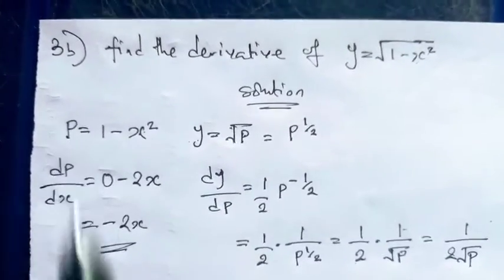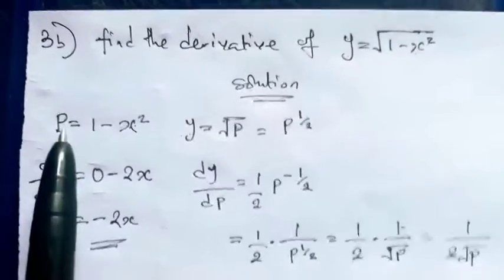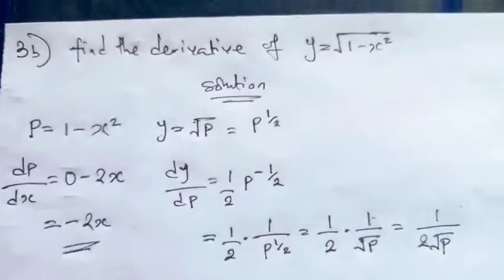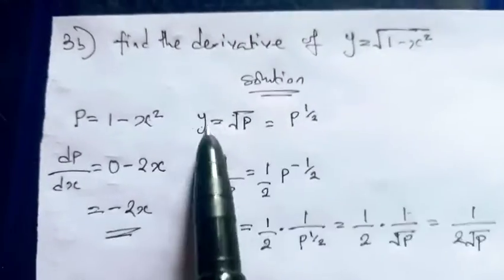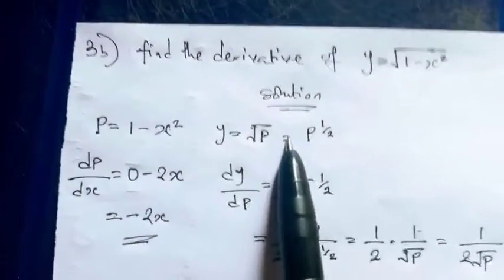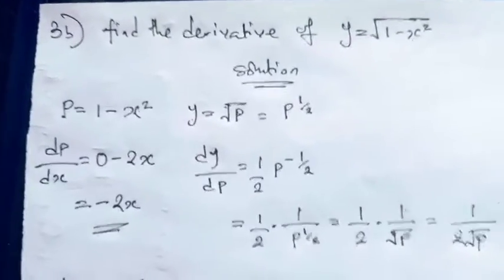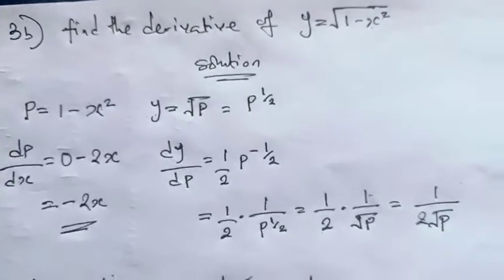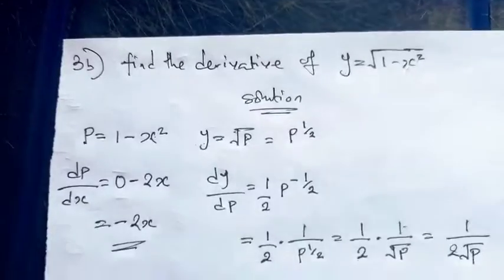So I chose p in this case. Now, if I set it to p, I know that my p is 1 minus x squared. So if my p is 1 minus x squared, it simply means my y is equal to the square root of p. And the square root of p in algebra can be rewritten as p raised to power half, which is what I have done here.